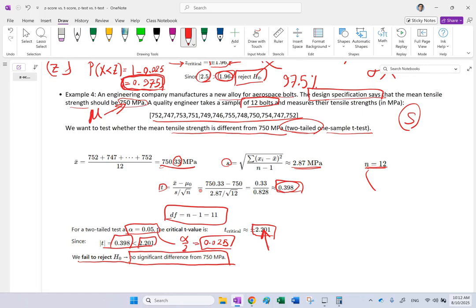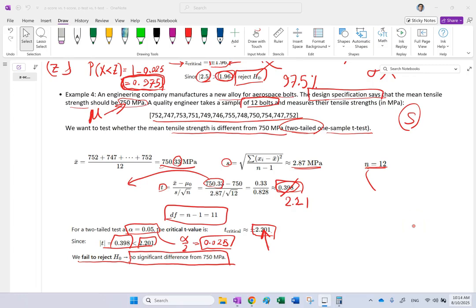But if somehow this number was big enough, when I took the samples and tested them, let's say 2.21, something bigger than that, in other words, if the average of this data was a little bit bigger, then it would have been significant.